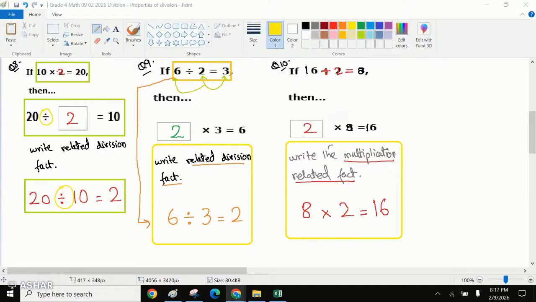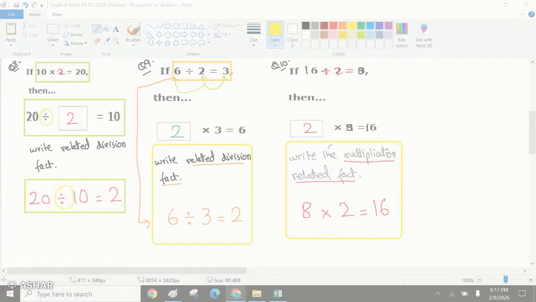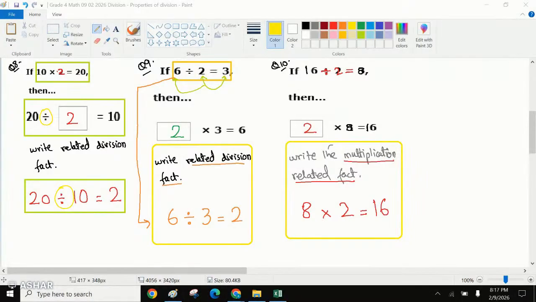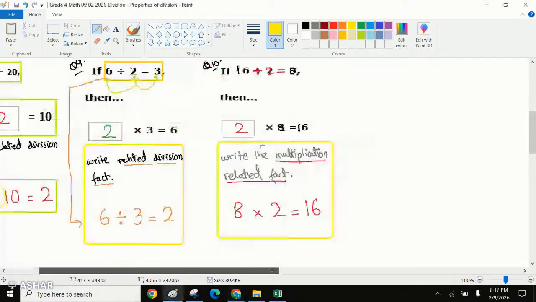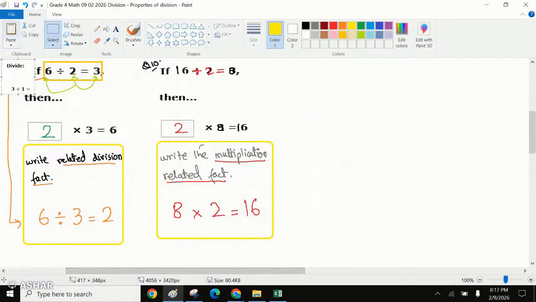Okay, there's one more rule that whenever any number is divided by 1, it would stay the same. Agreed? So if this is our question number 11, and let's write the division related fact also for this.